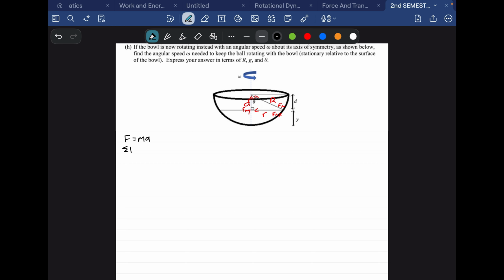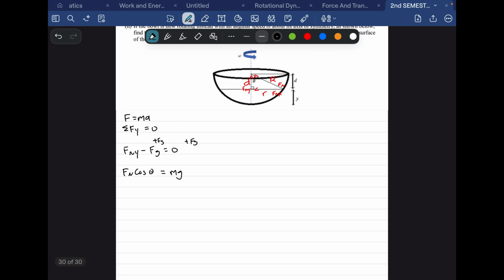So we know that net force in the y direction is equal to 0. So pointing up, we have Fny, minus pointing down, which is gravity, Fg, is equal to 0. Fny is adjacent, so that's cosine. So Fn cos theta. I'm going to move Fg to the other side. You get this, plus Fg. So your Fn is equal to mg over cosine theta.